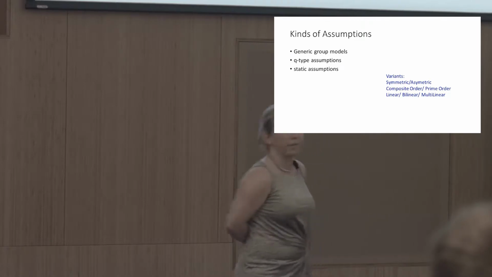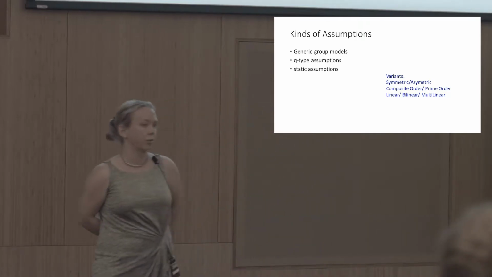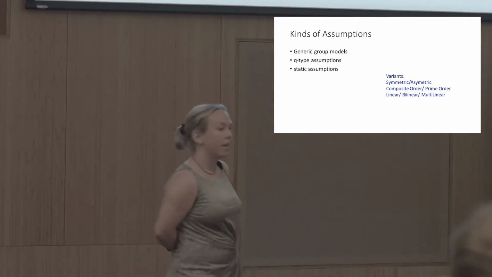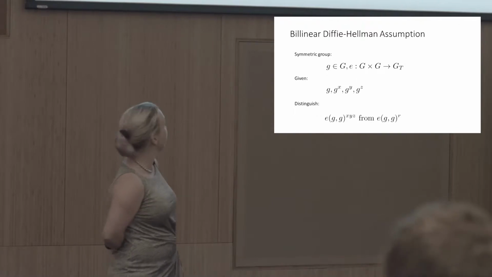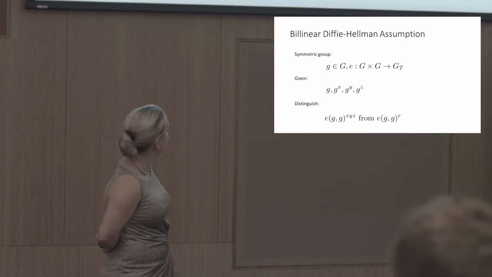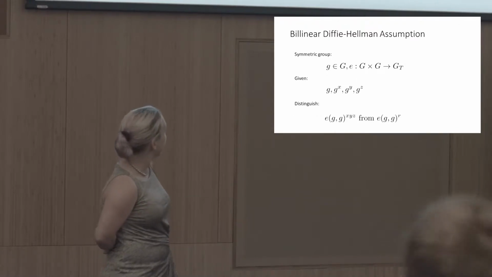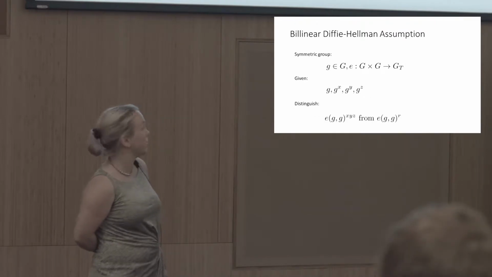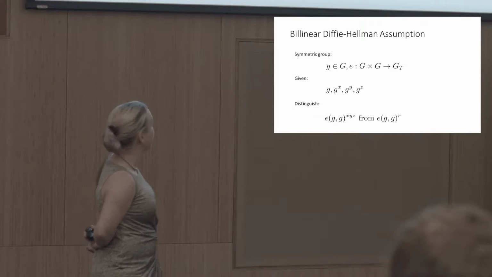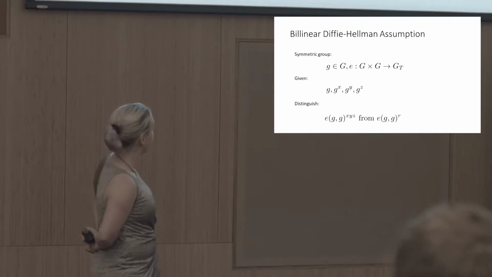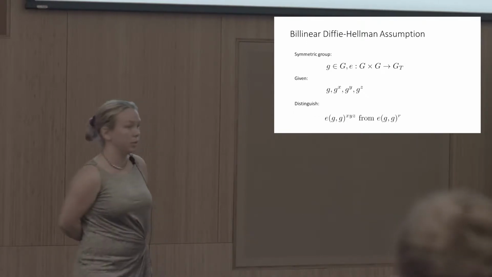So just to give you a flavor of what the gold standard assumptions look like. At the end of the day, we want to target very concrete, easy to state, easy to study assumptions like this one. This is a bilinear Diffie-Hellman assumption. It essentially says, okay, we've got this one-time multiplication in the exponent that's declared to be efficient, but a 3-time multiplication in the exponent through a cubic term should be difficult.